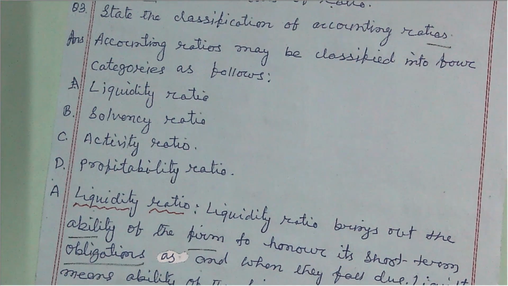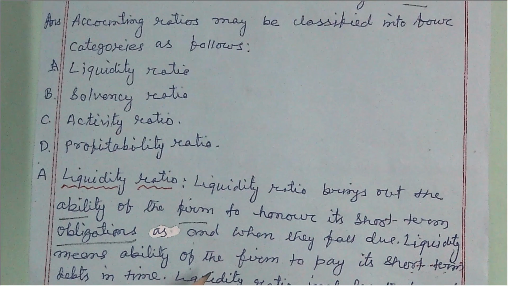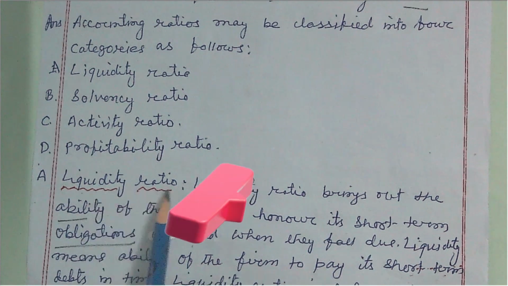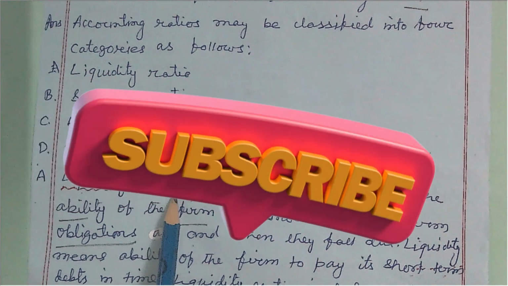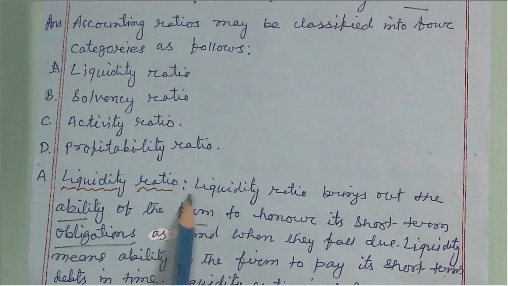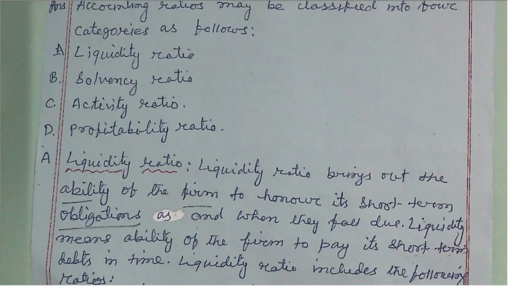Short term obligation means current liabilities. So that means to pay the current liabilities, liquidity ratio is used to measure the short term obligation meeting capacity of the business.